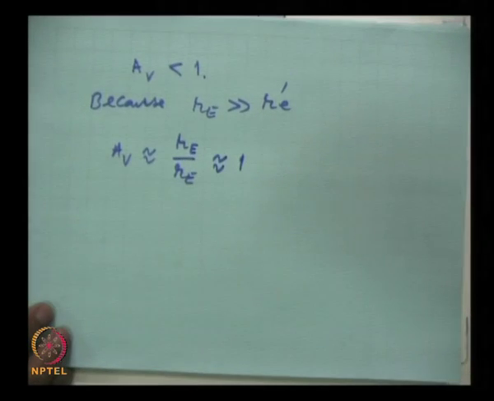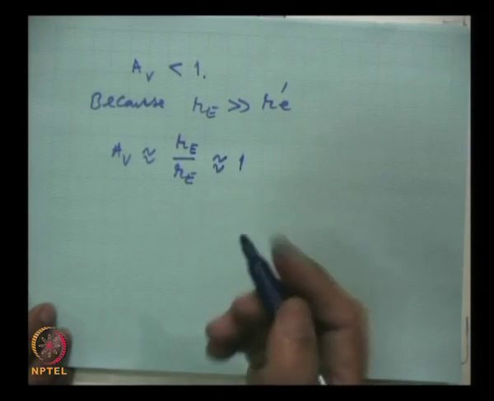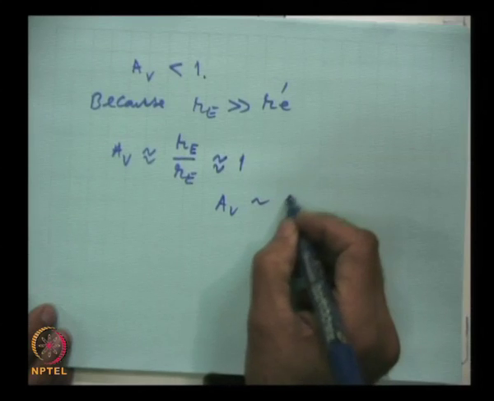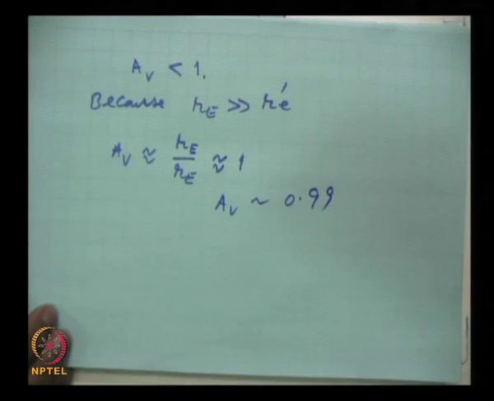And for well designed emitter follower amplifiers, the practical value of A_V is 0.99 or 0.998 or so.